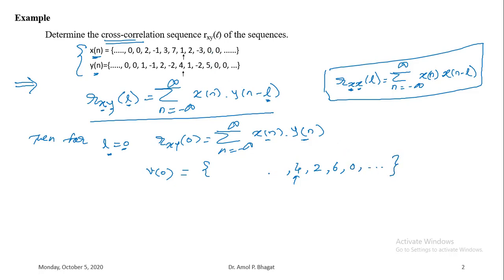Similarly on the negative side, minus 2 multiplied by 7 will be minus 14, then 2 multiplied by 3 will be 6, then minus 1 multiplied by minus 1 will be 1, then 2 multiplied by 1 will be 2. The remaining samples are 0. So to get the actual value of rxy of 0, finally this product sequence will be added. The values in the product sequence will be added because there is a summation.